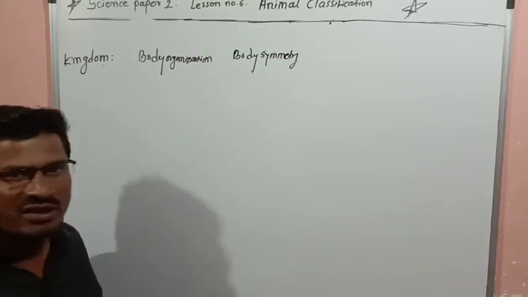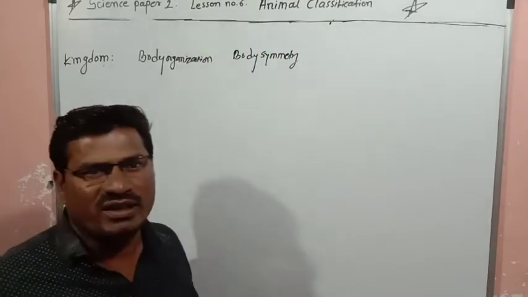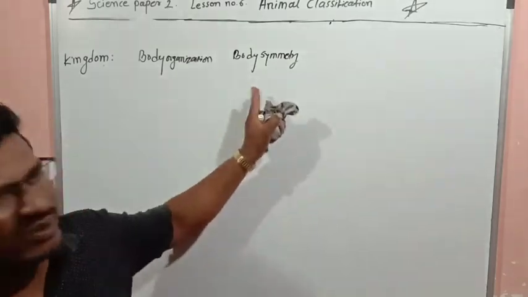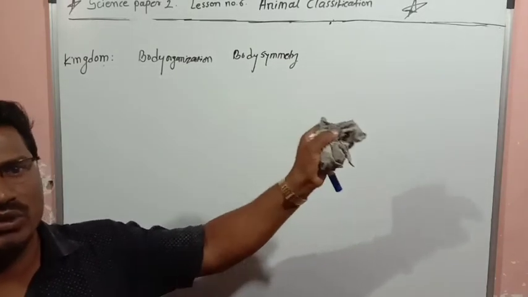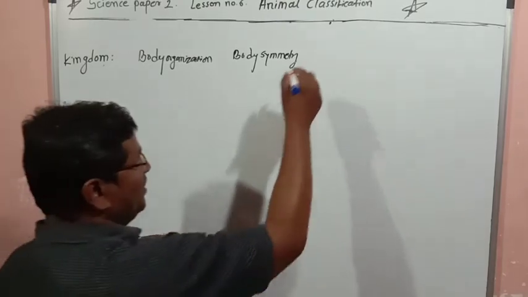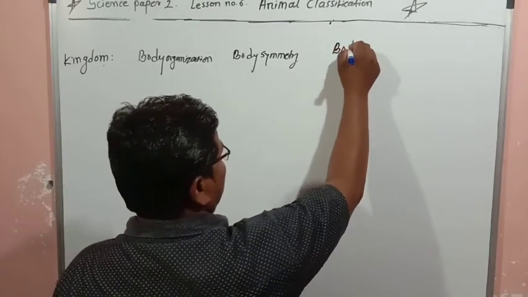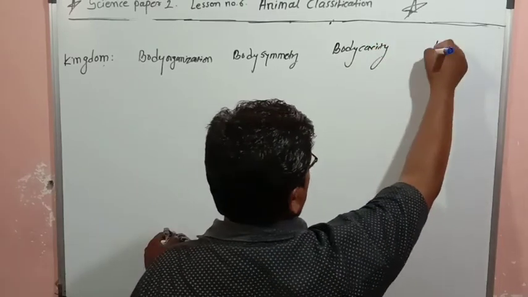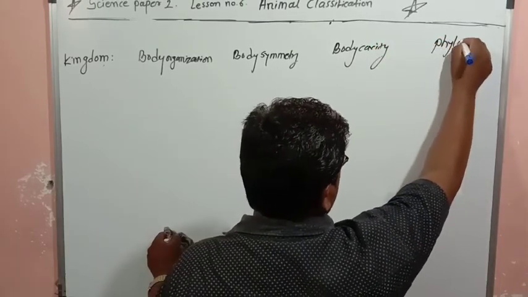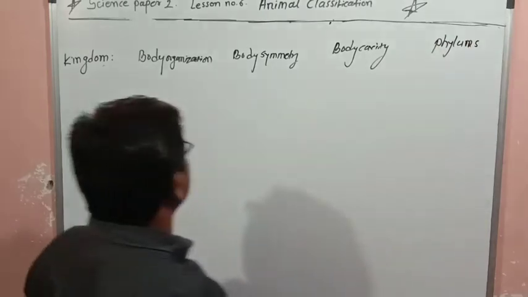Next is body cavity, and after that we are going to take phyla. So which phyla are there?